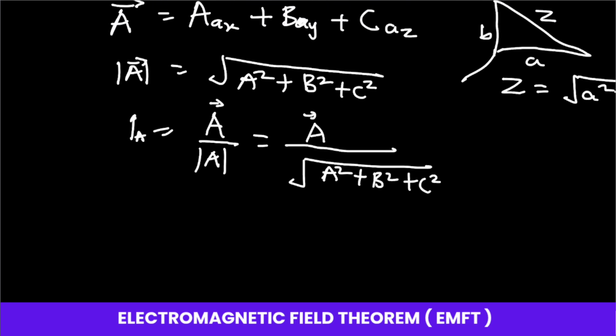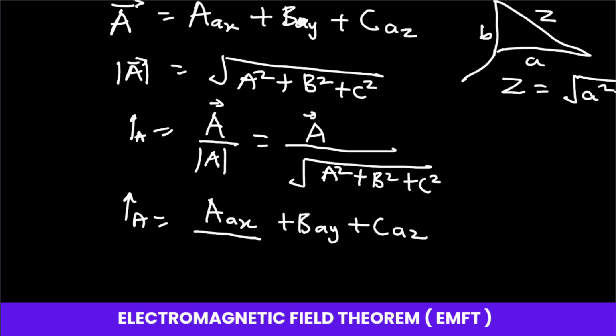Now, let's try to do something. The unit vector A is equal to a ax plus b ay plus c az divided by the entire magnitude.